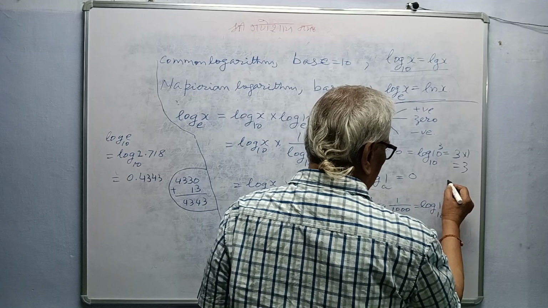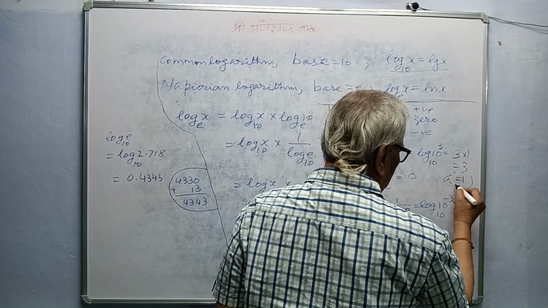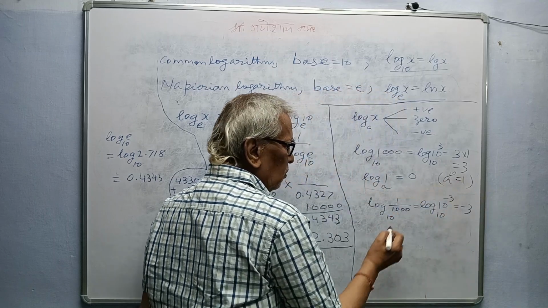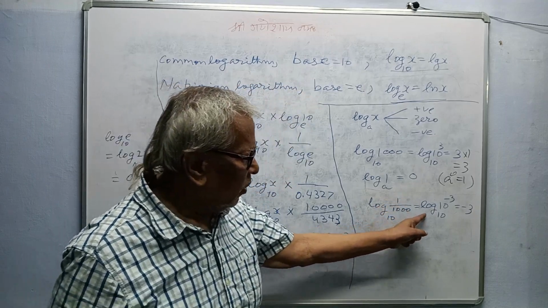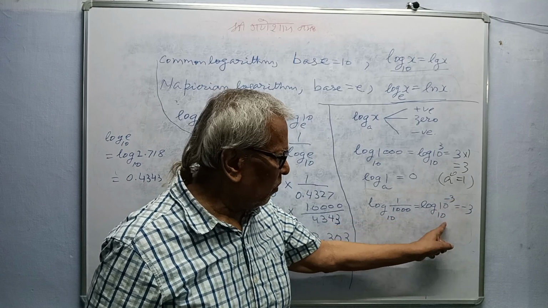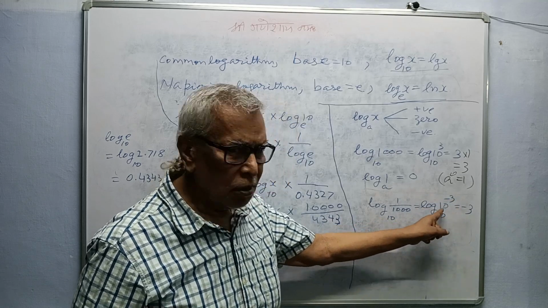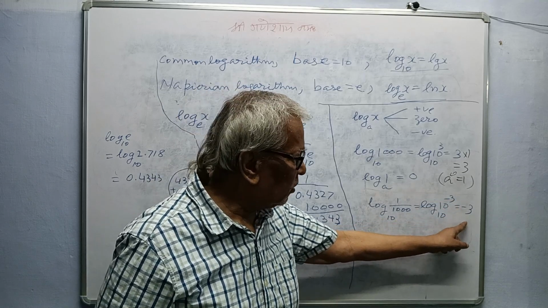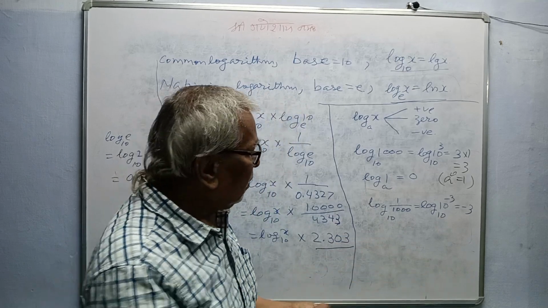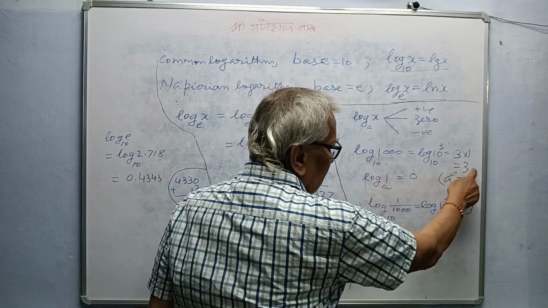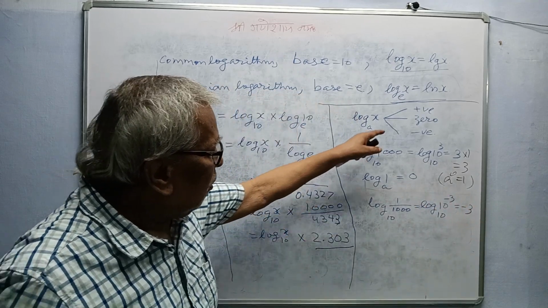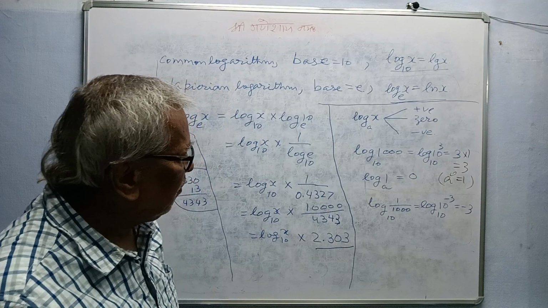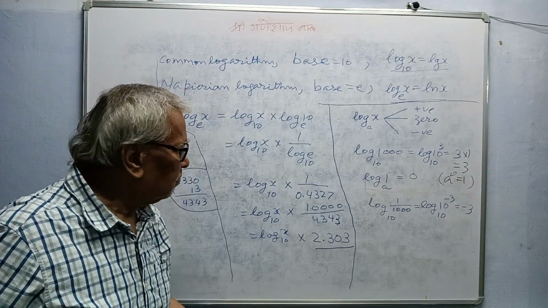Again we can calculate it: a to the power 0 is equal to 1. Therefore log 1 is equal to 0. Again, log 1 by 1000 to the base 10 is equal to log 10 to the power minus 3 to the base 10. So it is minus 3. So here we see the value of log is positive, 0 and negative.